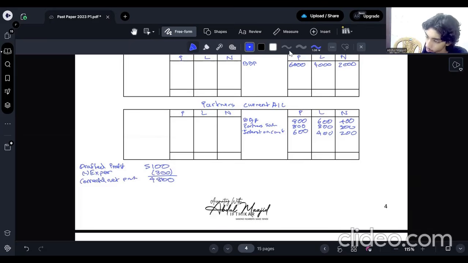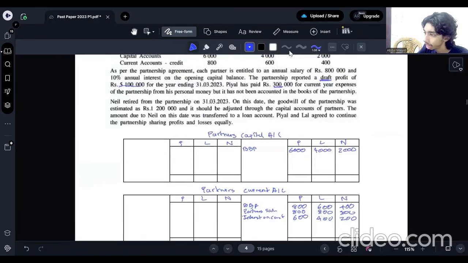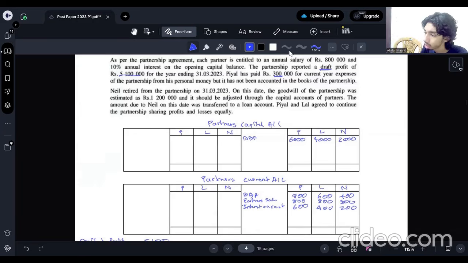And see, we have to debit the 300 to the profit and credit it to the partner's account. Now, PL has paid 300 from his personal money, right? We have to add it to his current account. We have to pay it back to him later. So you can say expense in PL's column 300.